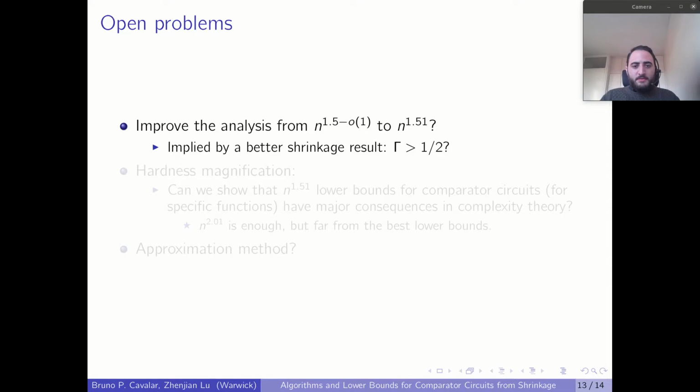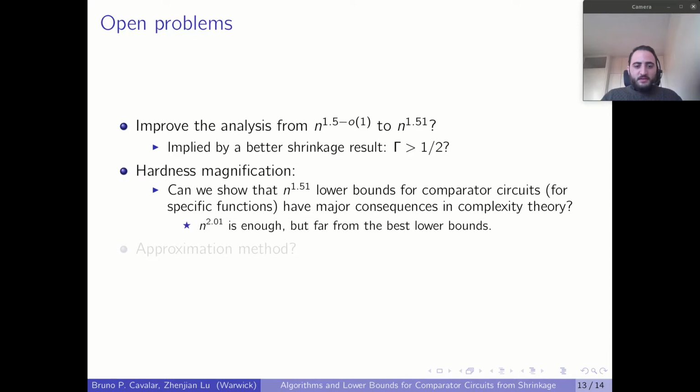So, open problems. Can we improve the analysis from n^1.5 to n^1.51? This would, of course, be implied by a better shrinkage result, where γ is at least 1/2. So is this lower bound the best possible with current techniques, or can we push the boundary further?